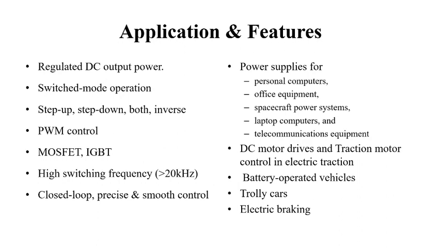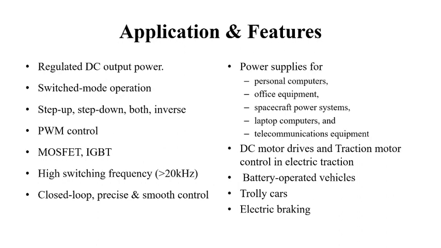Let us talk about the applications. They are very widely used in power supplies, such as personal computers and office equipment, spacecraft power systems, laptops. We have these DC to DC converters. Telecommunication equipment also has the same.